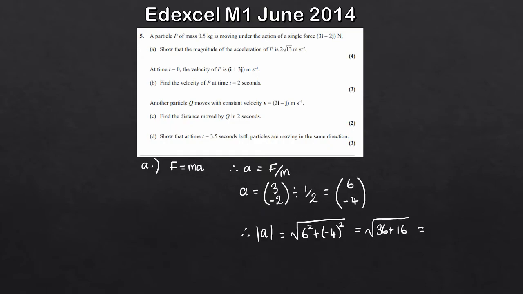Apologies about that. And then if we add them together, that would give us the square root of 52. Now don't forget, we want to show that it's 2 root 13. So this here we can split up, because it would be the square root of 4 times the square root of 13. And this simply becomes 2. So we get 2 root 13.